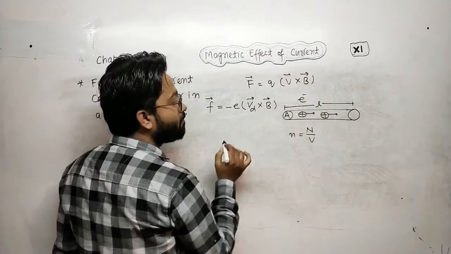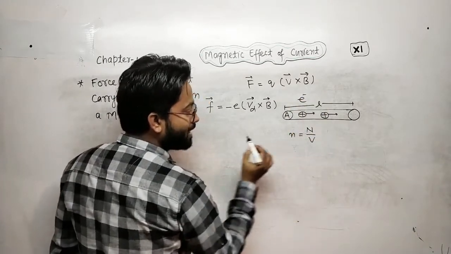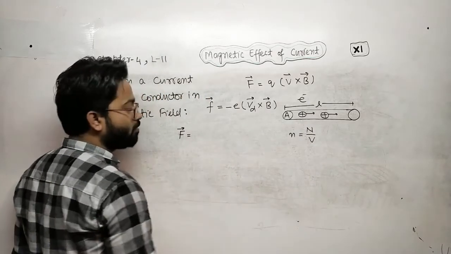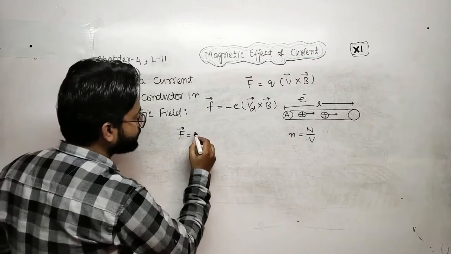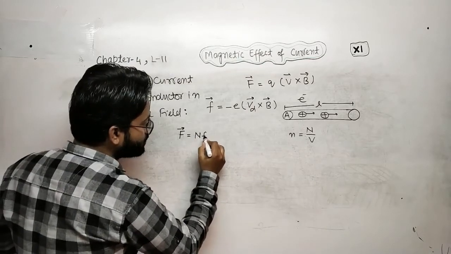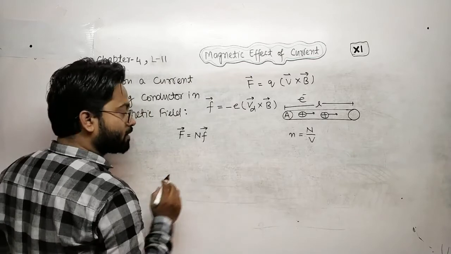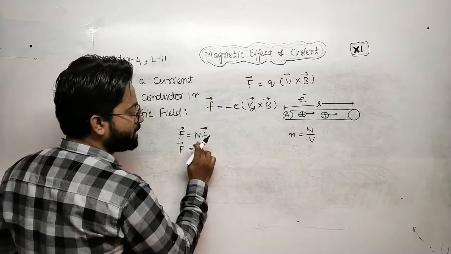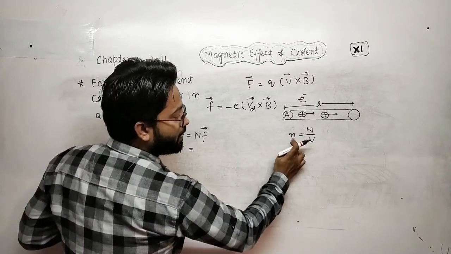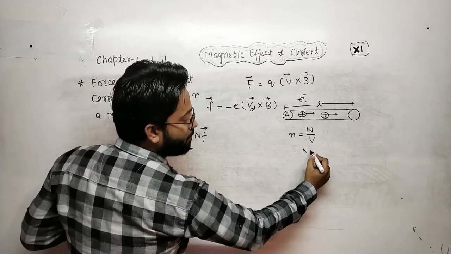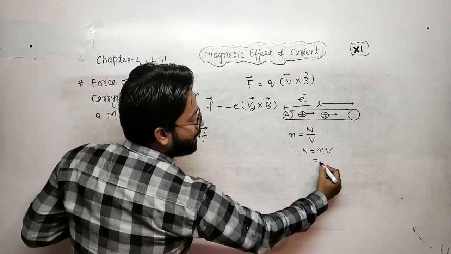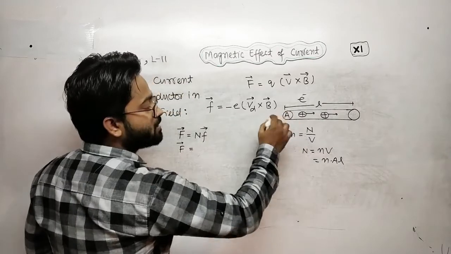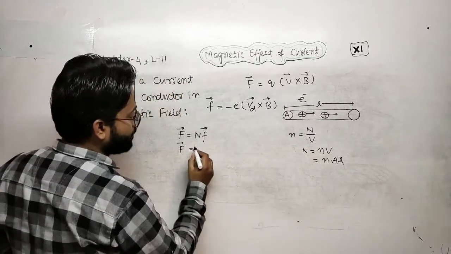If the total number of electrons is capital N, then the total force will be capital N times the force on one electron. In place of capital N we can write n V, and in place of V we can write A L, the cross sectional area times the length of the conductor.